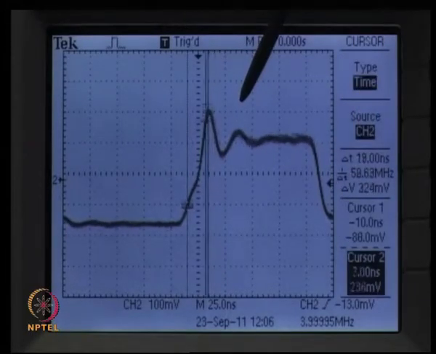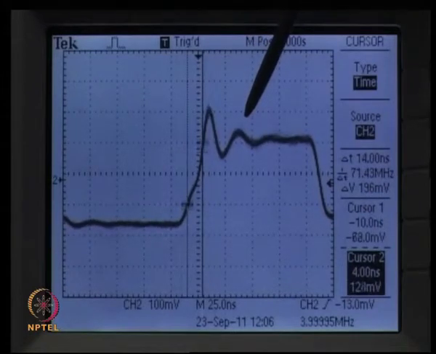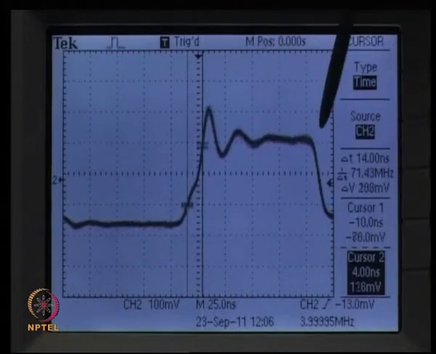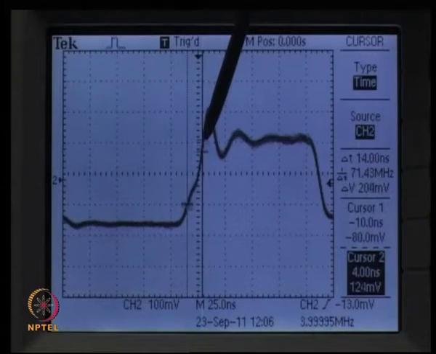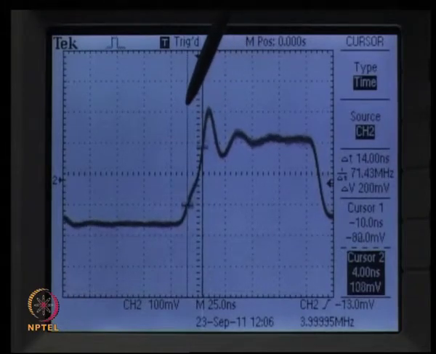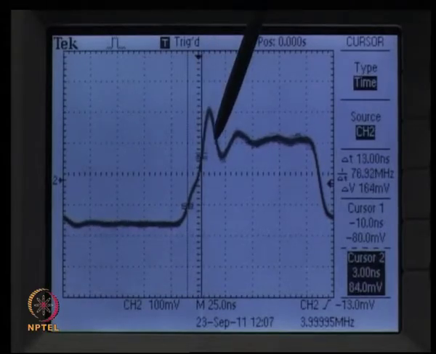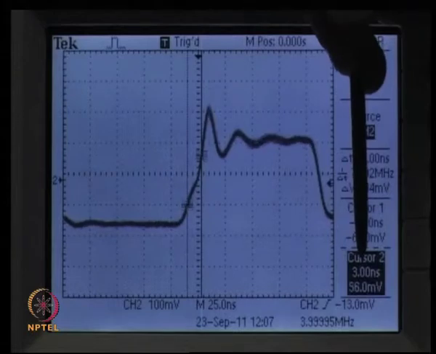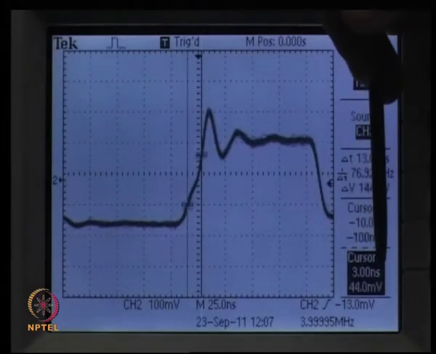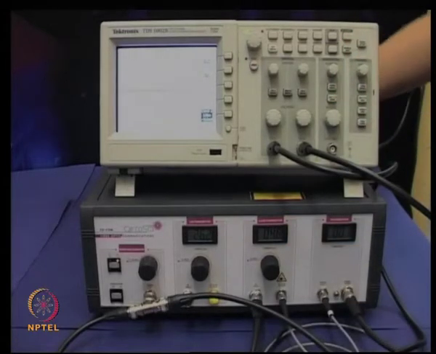Now we will adjust cursor 2 to 90%. Cursor 2 is at 3 nanoseconds. Now switch off the laser transmitter.